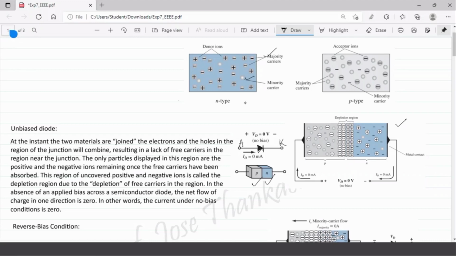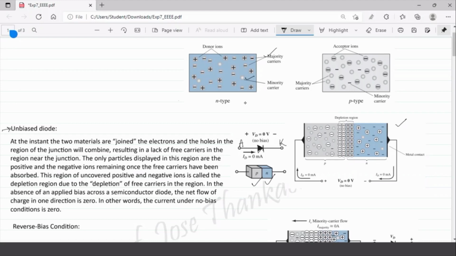Fine. Now what happens because of this joining of these two semiconductor layers? Whenever we talk about an unbiased diode, unbiased means we are not connecting any other supply, any other polarity of voltage at either anode or cathode. So this is the first condition.